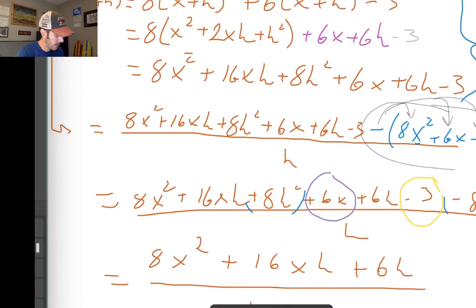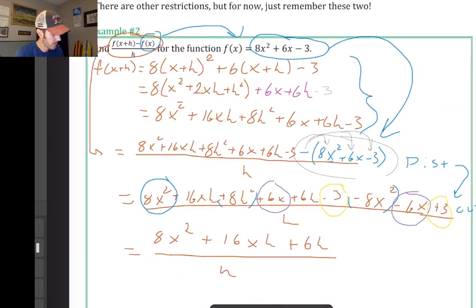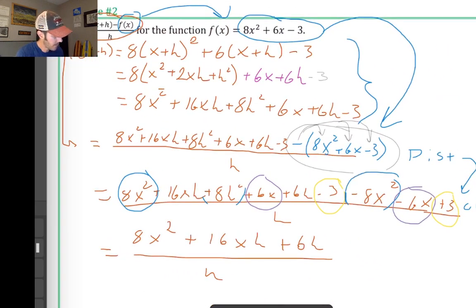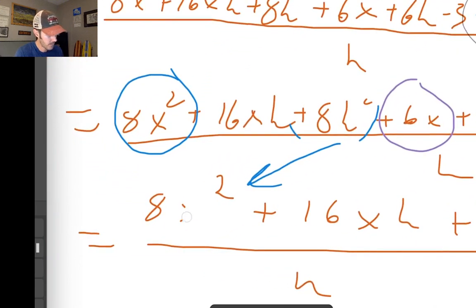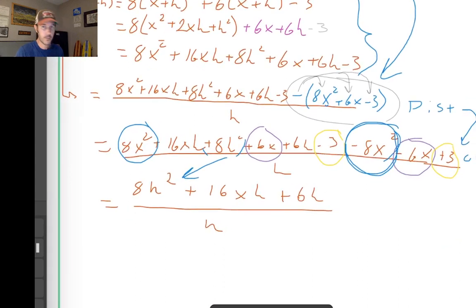It's going to cancel out, however, this 8x squared. So the 8x squared and the minus 8x squared, those two terms are going to cancel each other out. This positive 8h squared term is still going to be there, which means that this, on our last line, now needs to say 8h squared instead of 8x squared. So let's go in here and change this x to an h. 8h squared. Perfect. Alright, sorry about that.